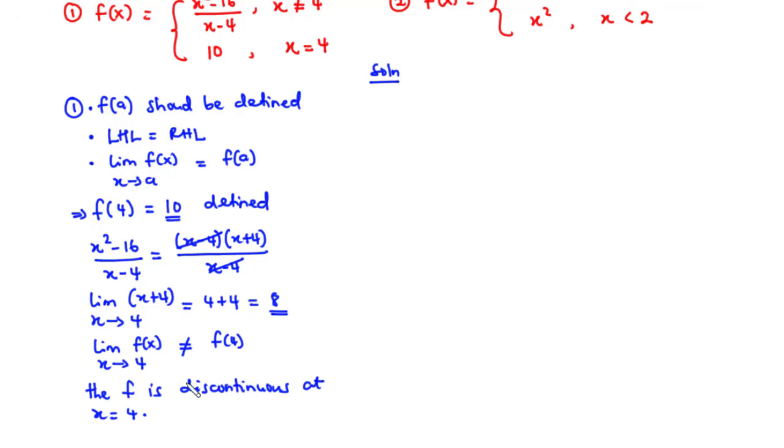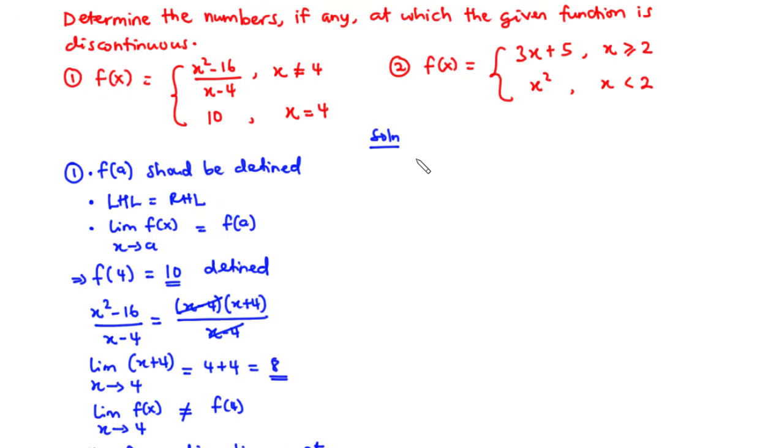Now, what type of discontinuity are we talking about? Since the general limit of the function exists, which is equal to 8, however, it's not equal to the functional value f of 4, it means that this is a removable discontinuity. Now, let's move on to the second question.